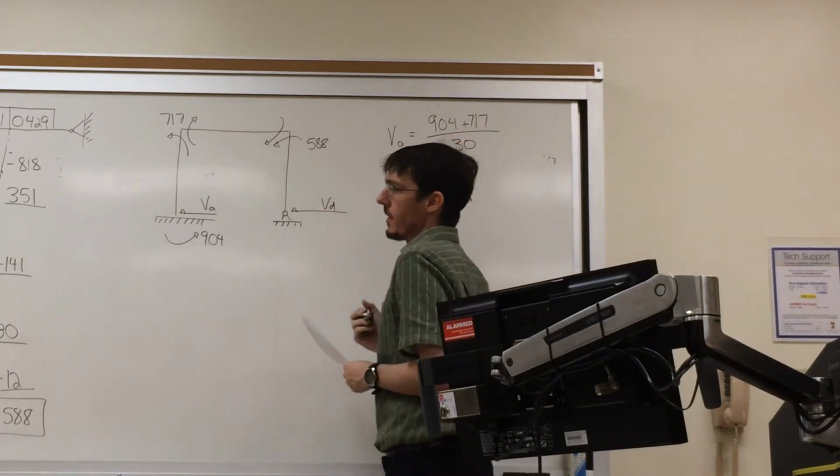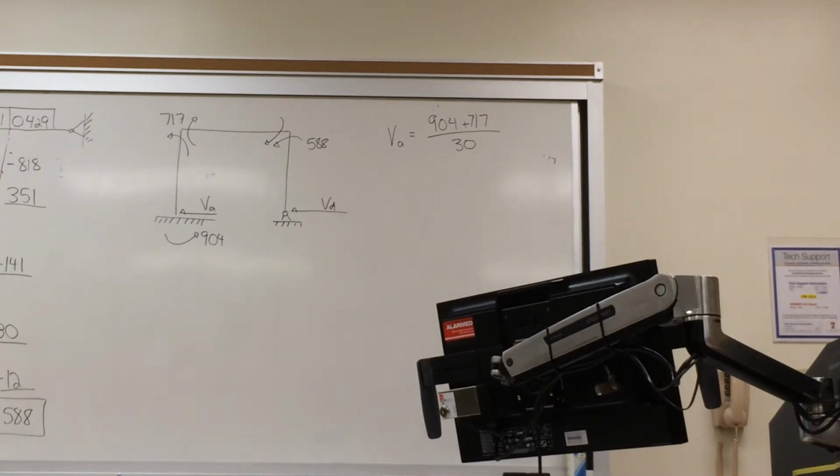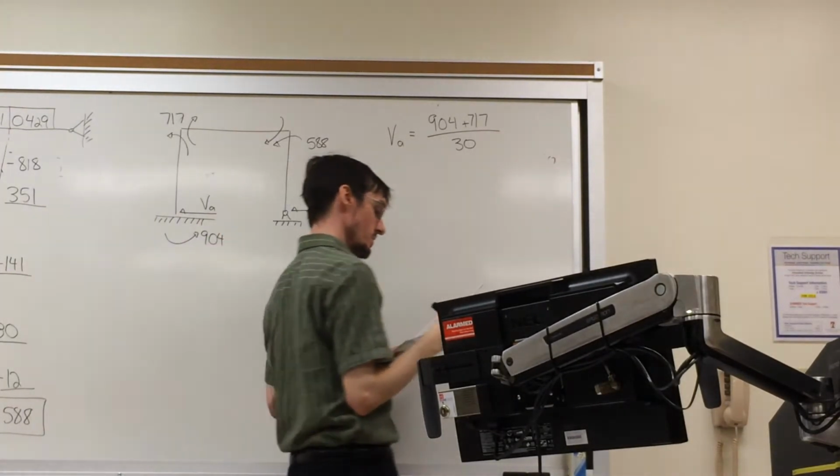This is once again based off the free body diagrams. Just as before, we looked at, let's say, the free body diagram of just member AB and member CE. I'm just abridging it here for space.